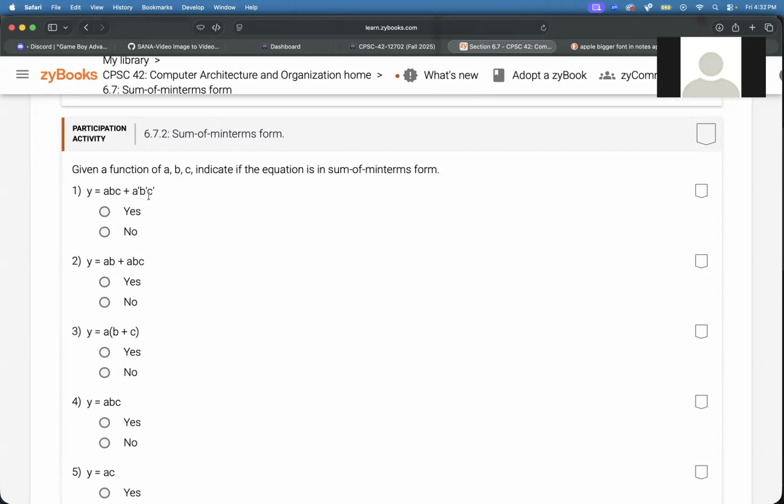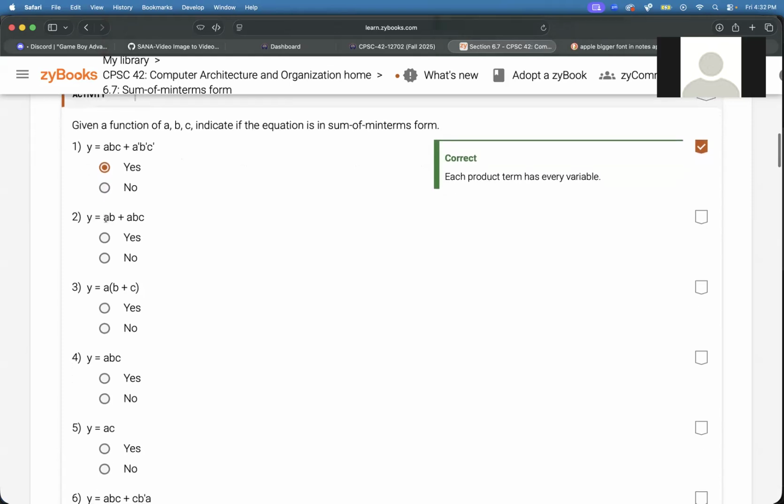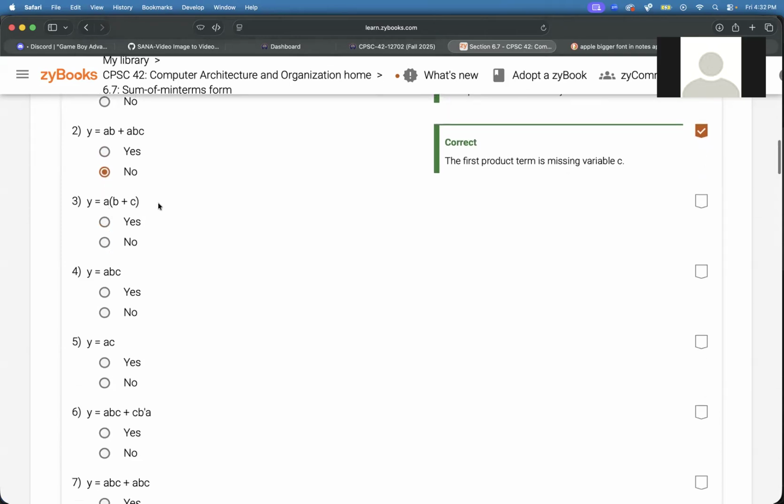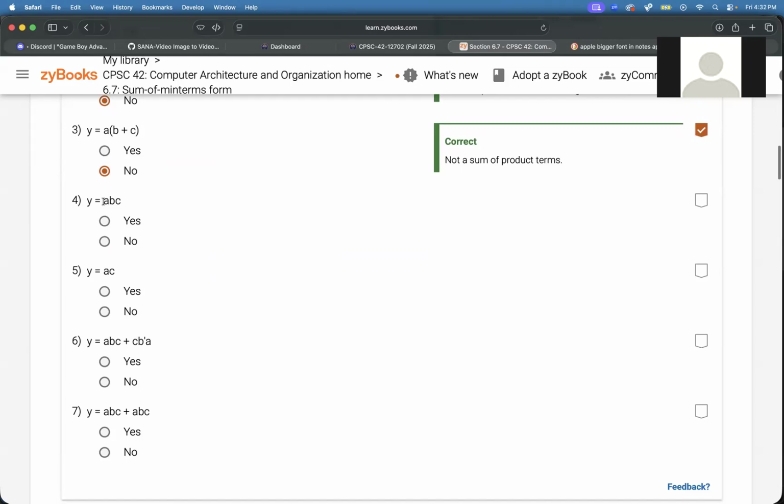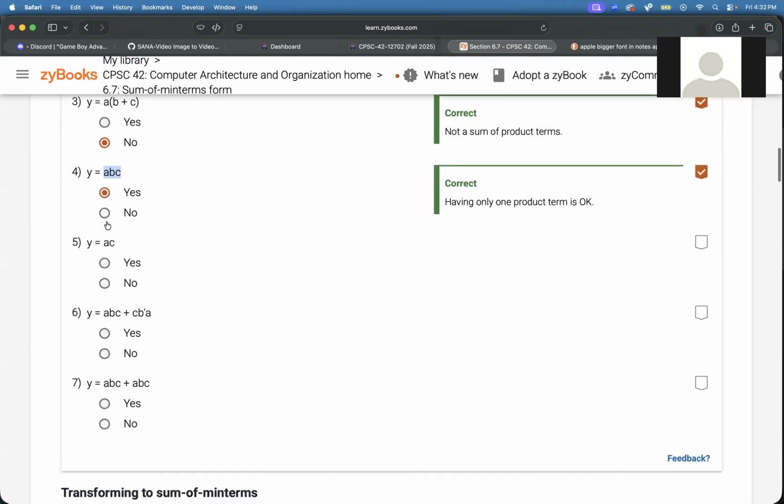Sum of min terms? Yeah. Sum of min terms? No, right? Because the first term here is missing a variable, missing the C. So this is not sum of min terms. Sum of min terms? No, that's not even a sum of products. Sum of min terms? Yep. Sum of min terms?